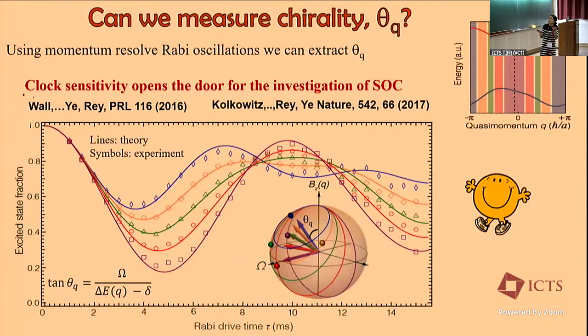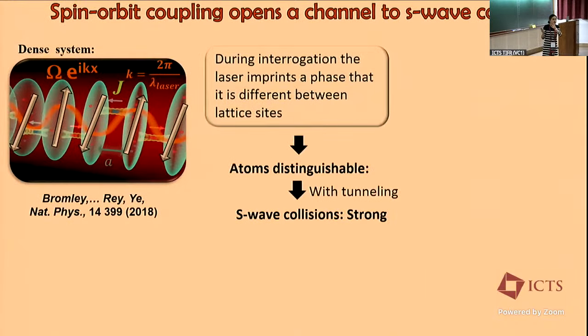Why? Because this was to check that there is a spin orbit coupling when the system was super dilute, but as we start to put more atoms, I told you that the s-wave interactions were suppressed for identical fermions.